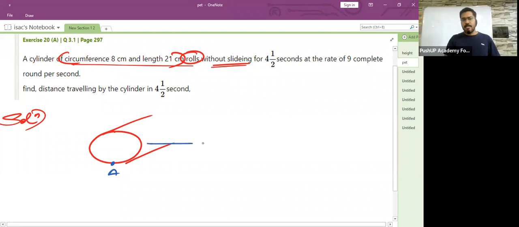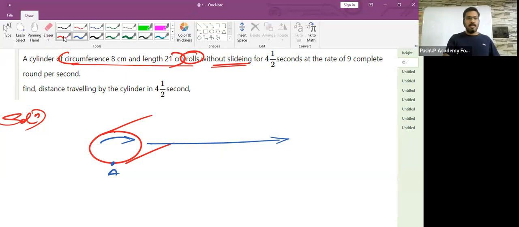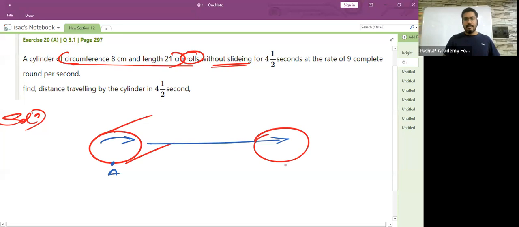So what will happen? The cylinder will start rolling, isn't it? It will start rolling, and after a while, the cylinder will reach over here. Okay. Imagine this is your point B.